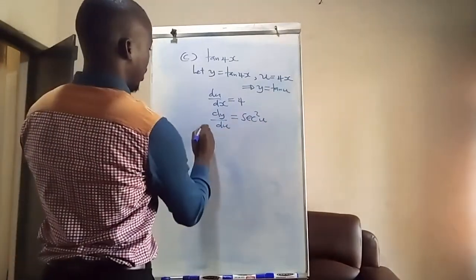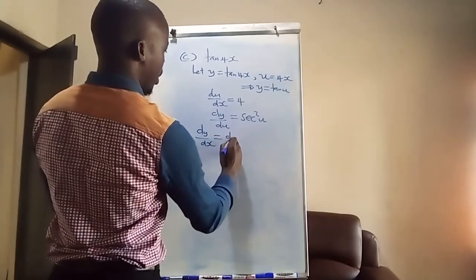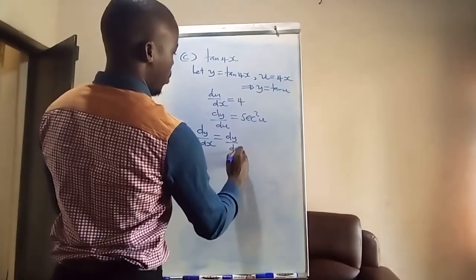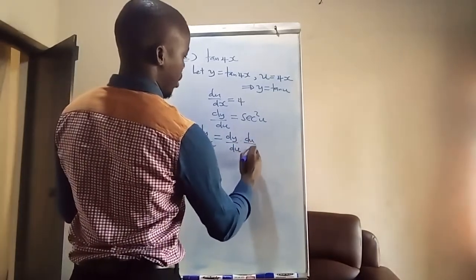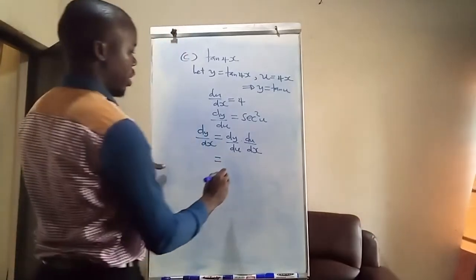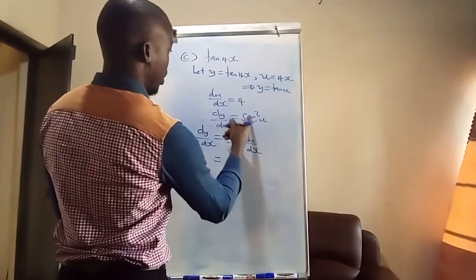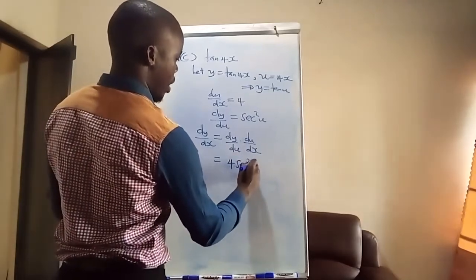Then from chain rule, dy dx is equal to dy du times du dx. The next step is substituting, which gives us sec squared u times 4. That gives us 4 sec squared u.